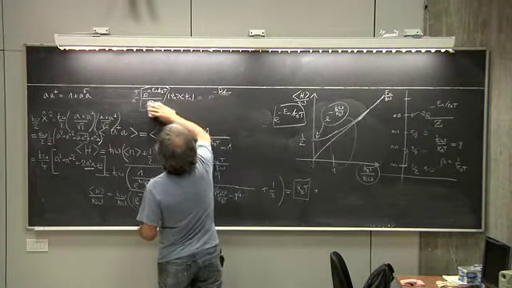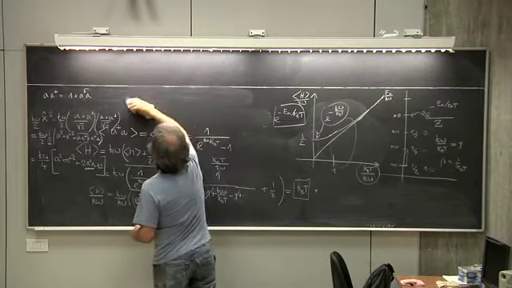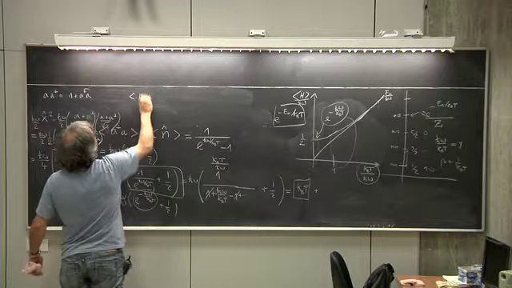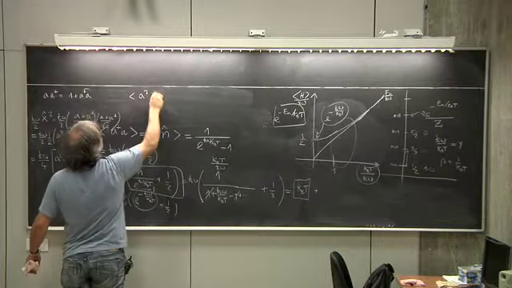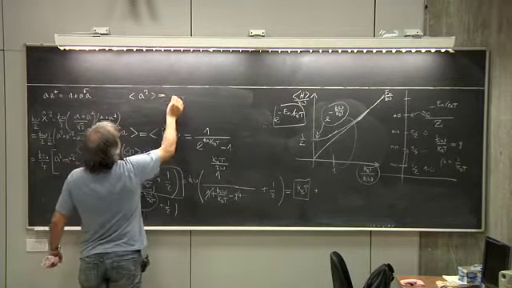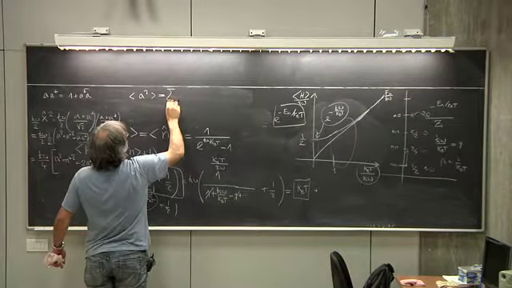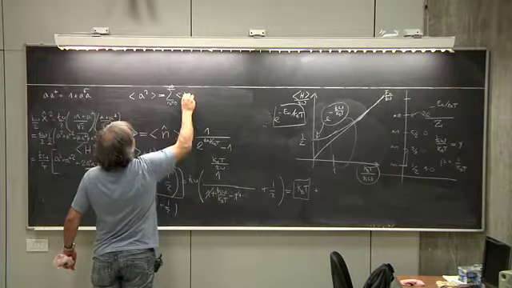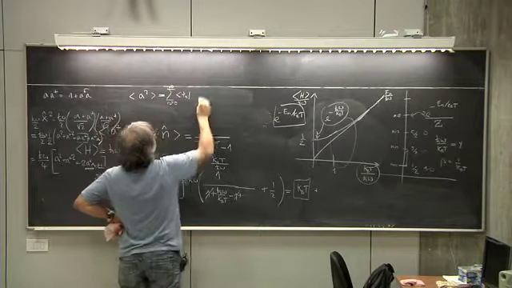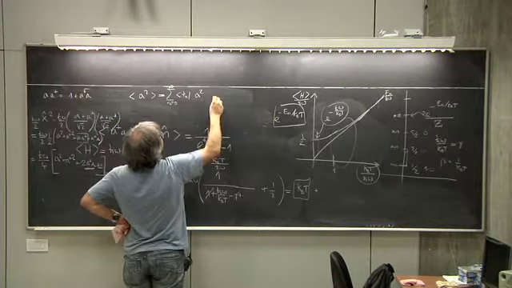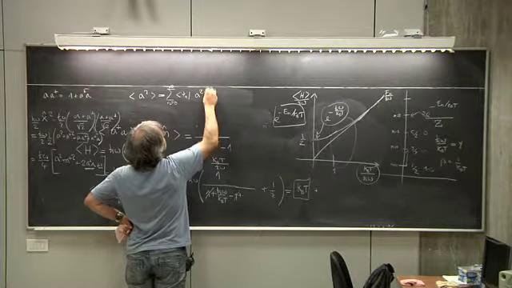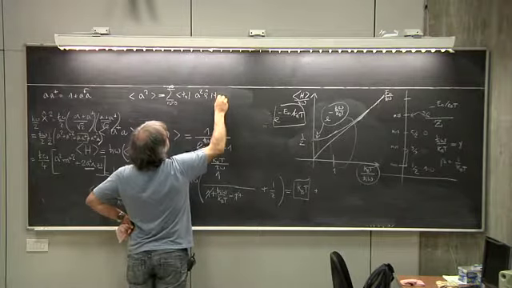According to my prescription, calculating the average of A square, for instance, means summing over n from 0 to infinity of psi n, then A square times the density matrix, psi n.